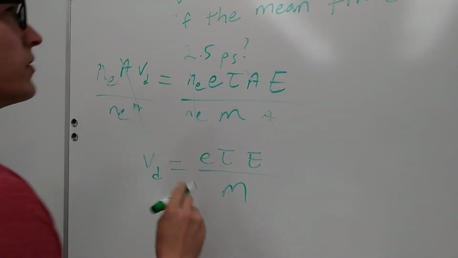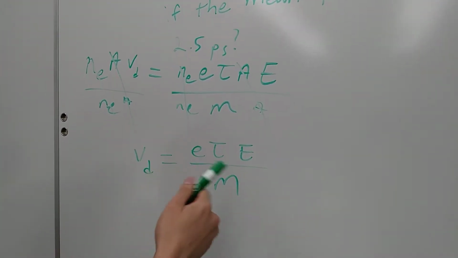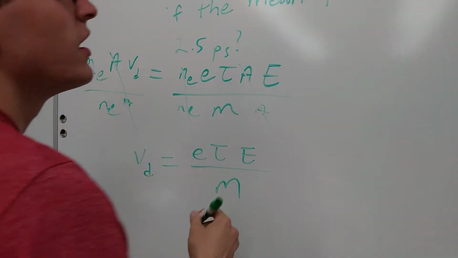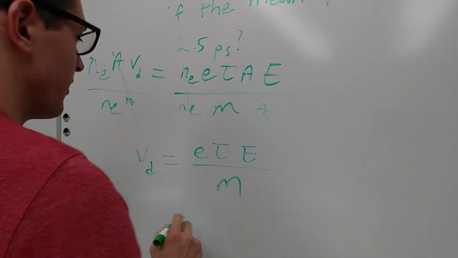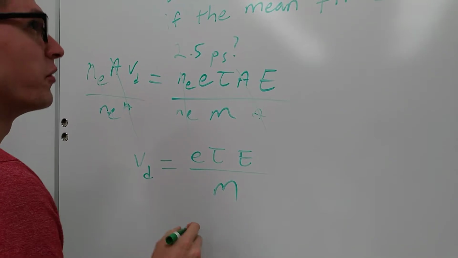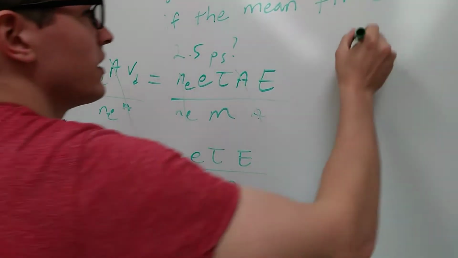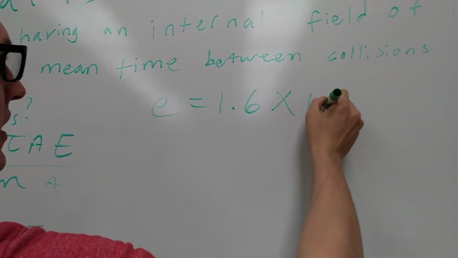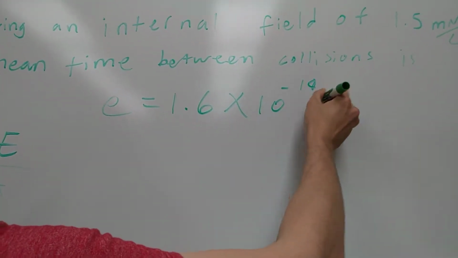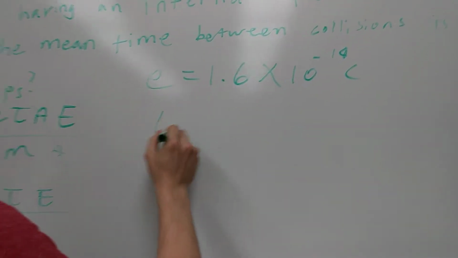So their electrons, we're going to assume, it doesn't necessarily say in here, but that's what would go through a wire usually. So e is 1.6 times 10 to the negative 19 coulombs.